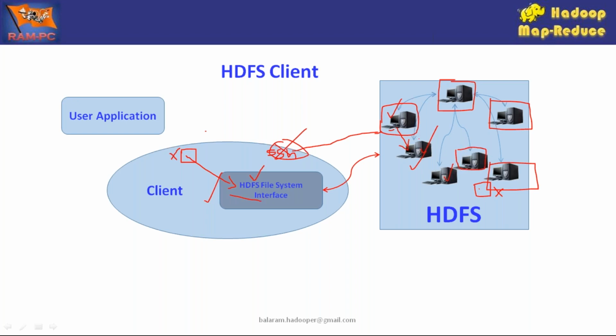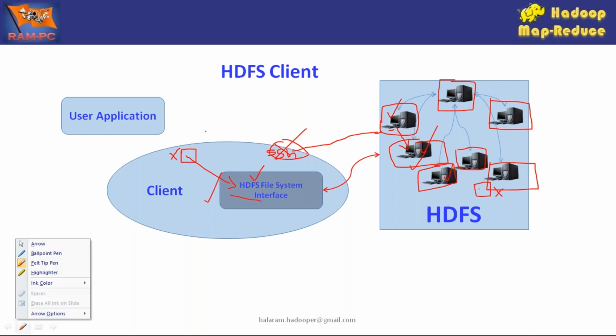And what is the cluster? What is the HDFS cluster? The HDFS cluster is, I will change the color so that you will understand. I'm taking green. See, this is the HDFS cluster. See the green color.